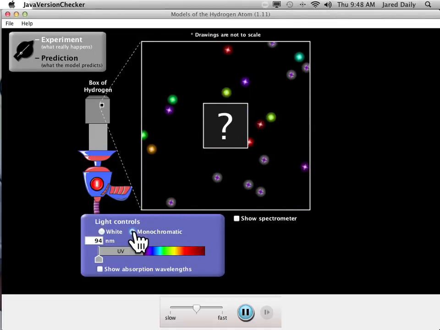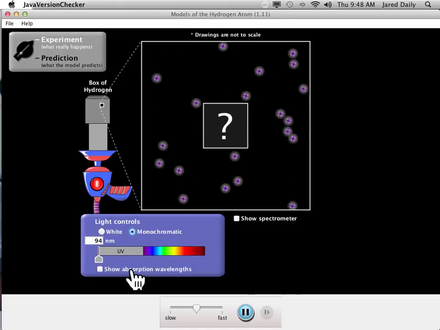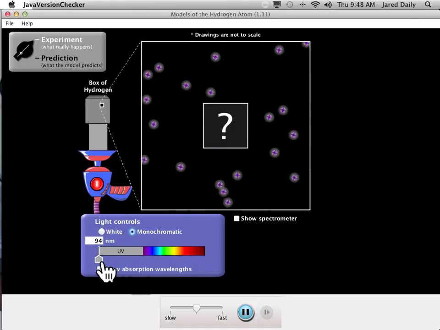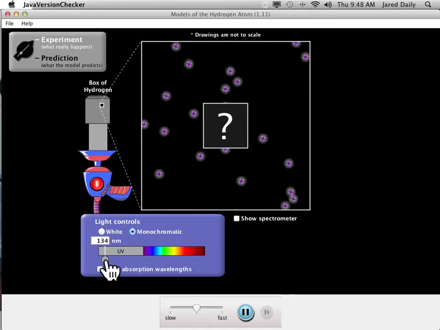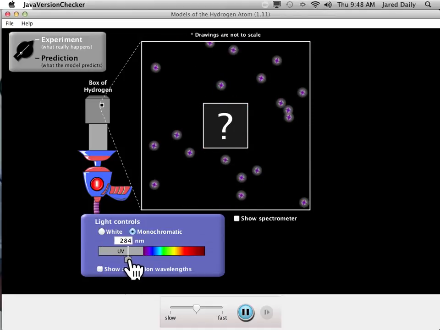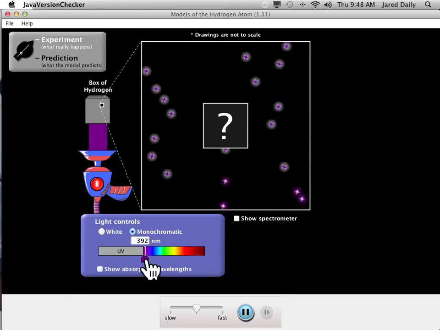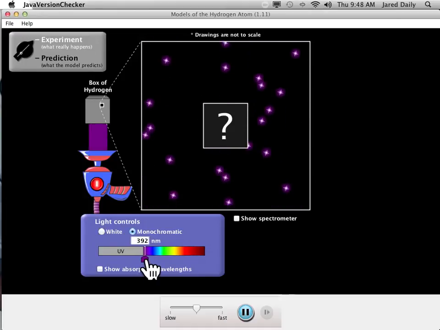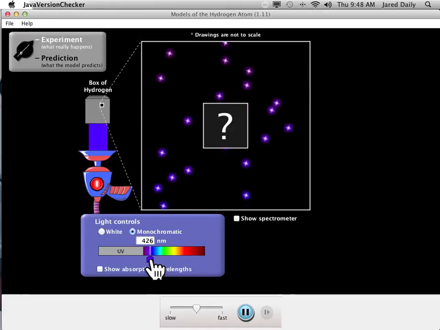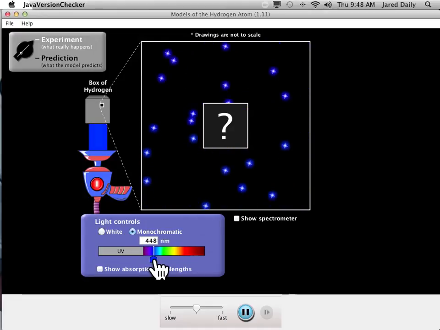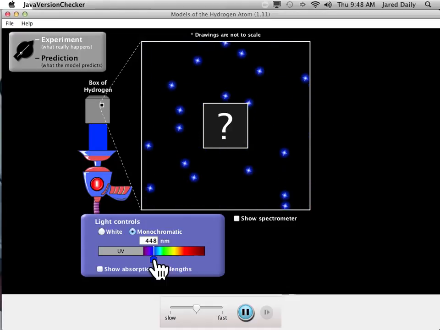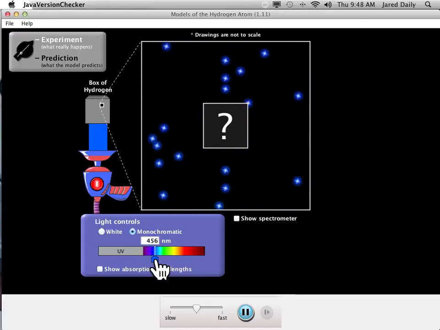If we do a single color of light, all purple, or all ultraviolet rather, then we get some purples bouncing out. If we come up here into the color spectrum, only at certain places will we get anything coming out.